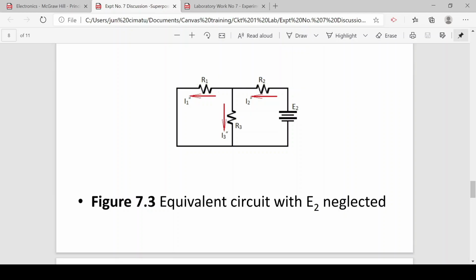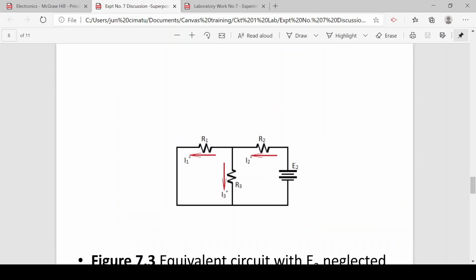After calculating these currents, we can now determine the current in the branches when both sources are present.